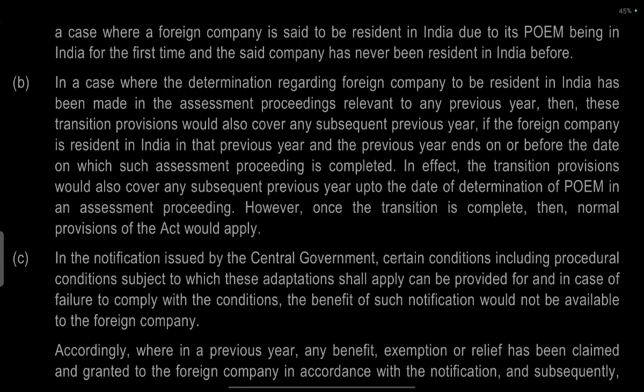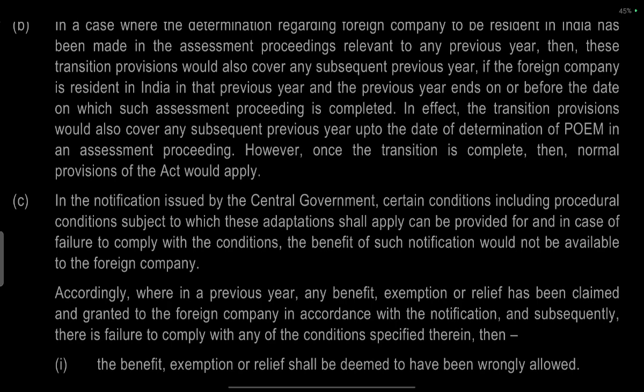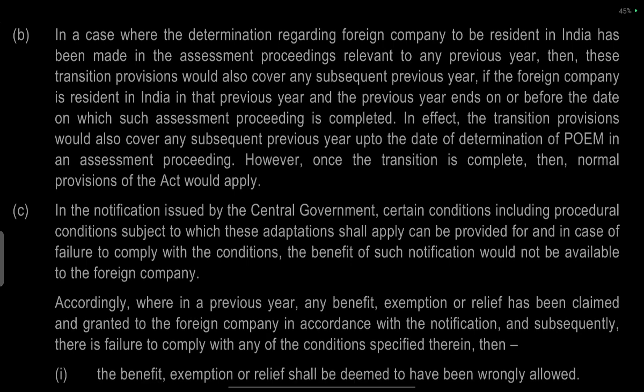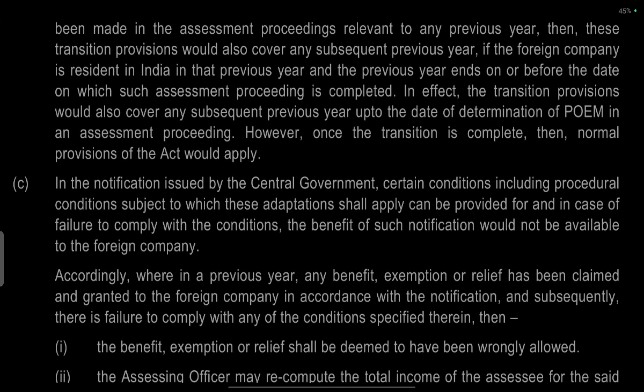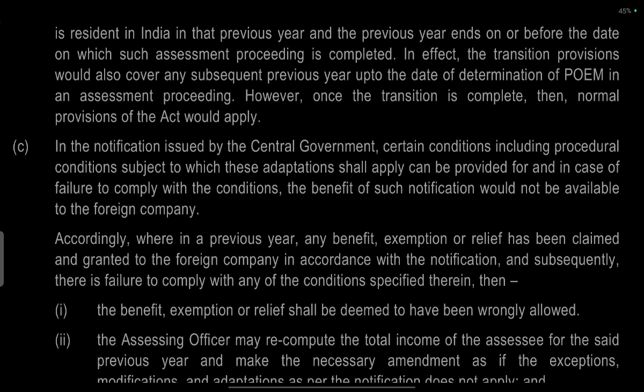So, if the foreign company is resident in India in a previous year, and the previous year ends on or before the date on which the assessment proceeding is completed, then the transition provision would also cover the subsequent previous years, up to the date of determination of POEM.